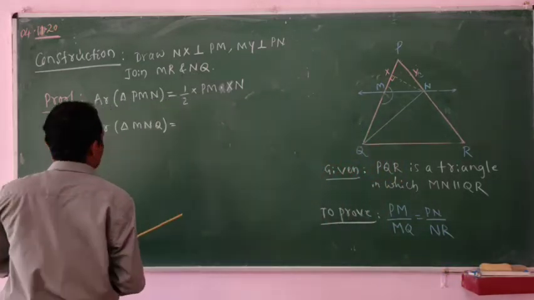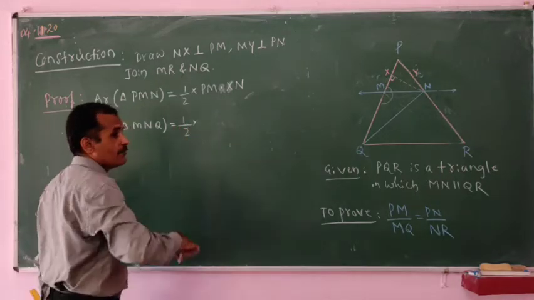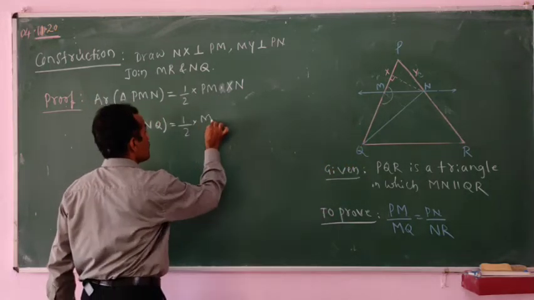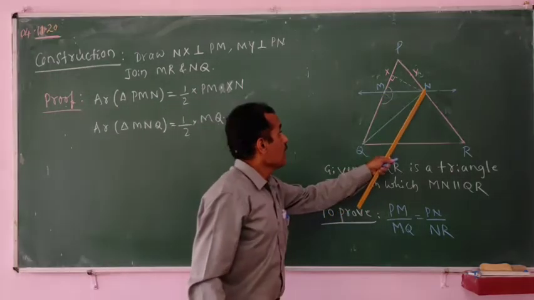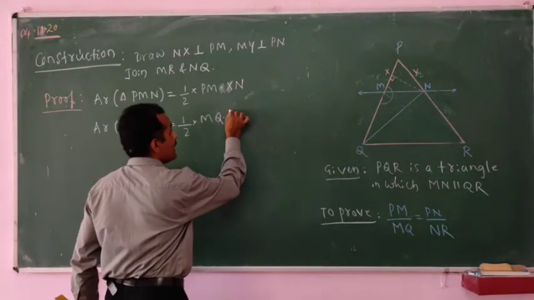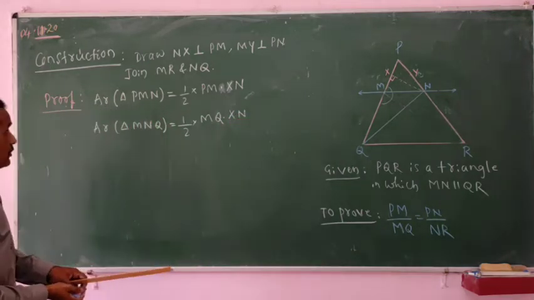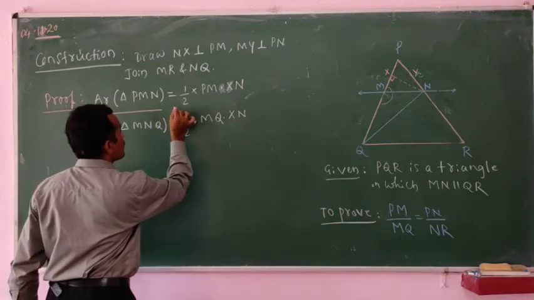Okay, area of triangle MMQ, come on, half into base, meaning MQ, into height. The height is common, and I can write it as NX or XM. Come on, now what will I do? Divide both.